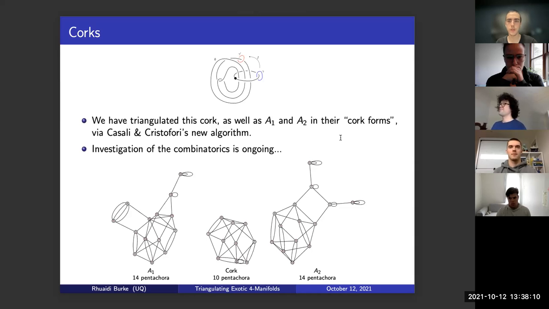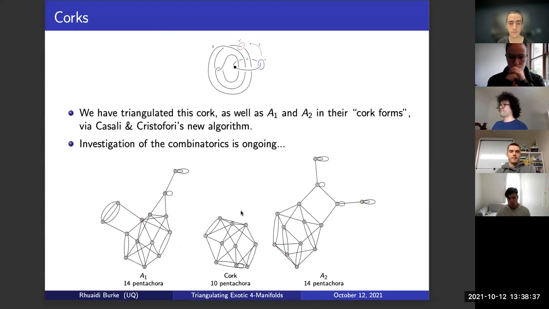So using this extended algorithm, I've actually already triangulated the cork, or this cork, as well as A1 and A2 in their cork form. Still investigating what's going on here. But one thing I'll just quickly mention is here's a picture of A1 with 14 pentachora and A2 with 14 pentachora. I've managed to simplify the cork down to 10 pentachora.